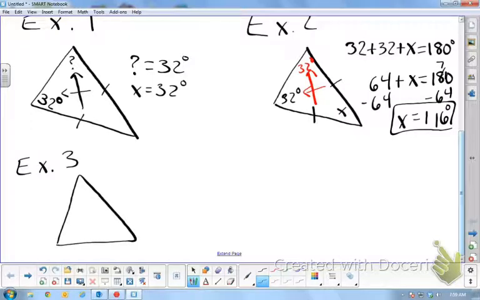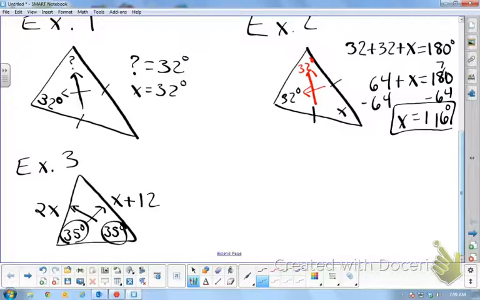So let's say I know this angle is 35 degrees, this angle is 35 degrees, and the sides are 2x and x plus 12. I'm not going to state specifically that this is isosceles, but we can recognize, because these two angles at the bottom are the same, that the sides across from each other are also the same.